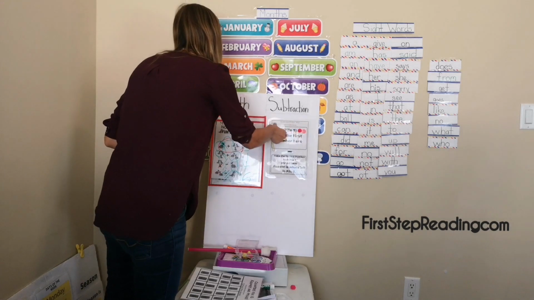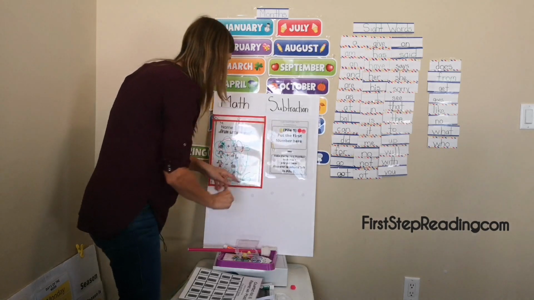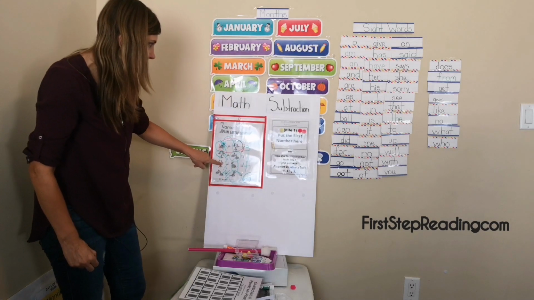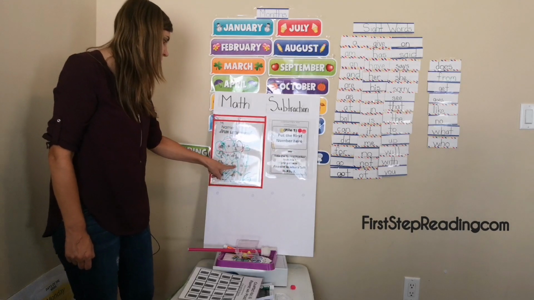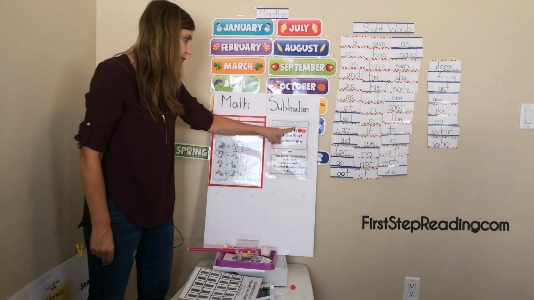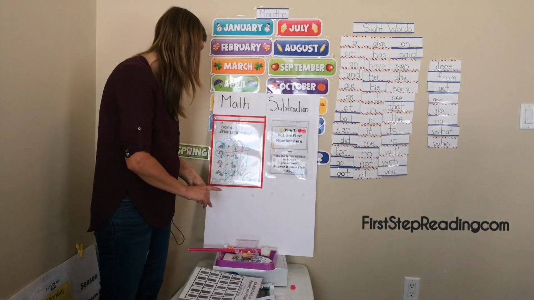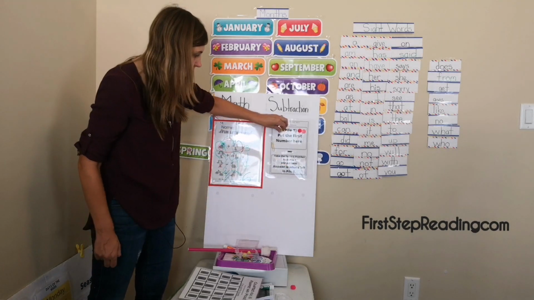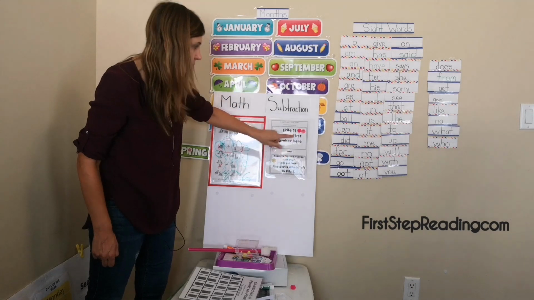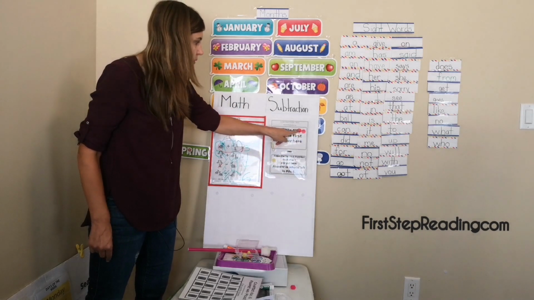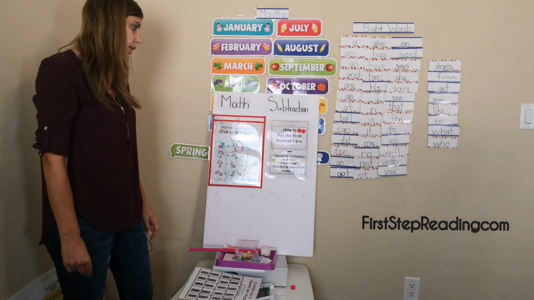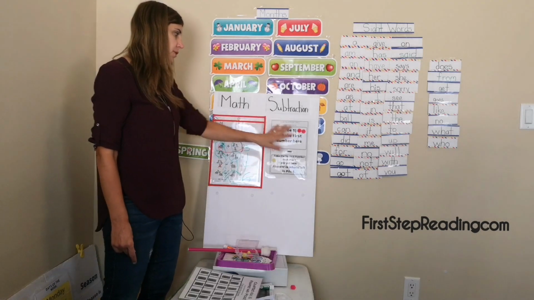So there's 3 dinosaurs. And then this says take the one, how many are here from here and put it there. So it says take 1 dinosaur away. So I take 1 away, and the answer is what's left here. 1, 2. So you can do it with counters if you want.